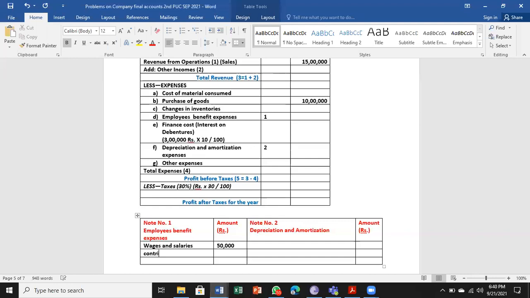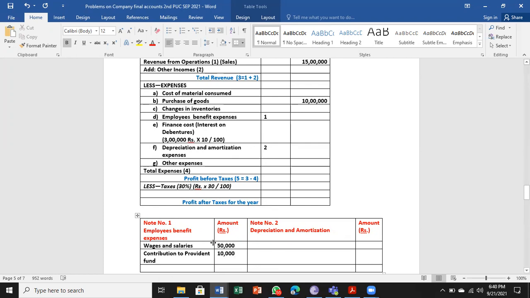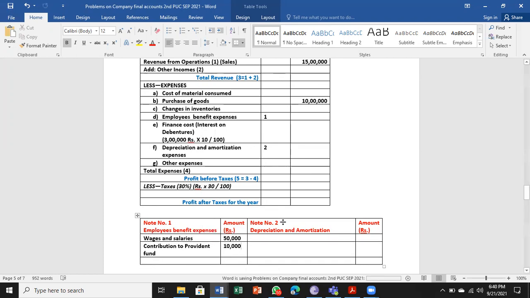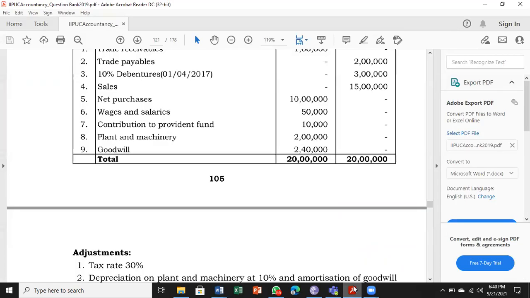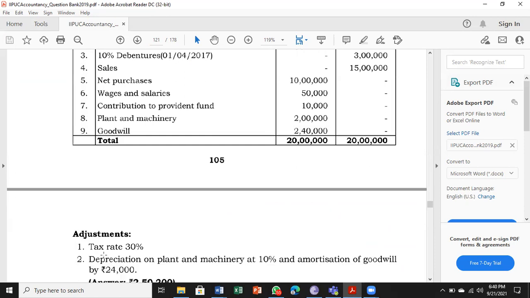Next, contribution to provident fund. That amount belongs to employees for their future safety, 10,000. Next, plant and machinery won't come, goodwill won't come, tax will take it later.